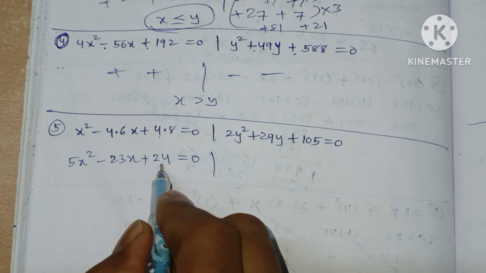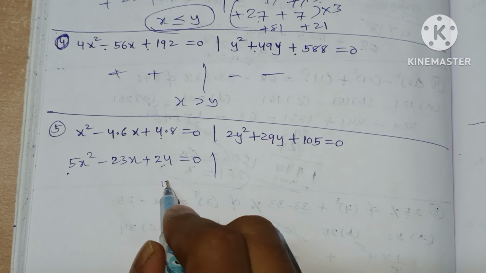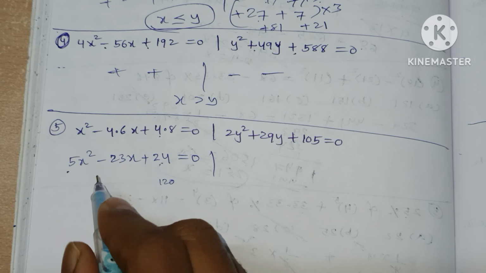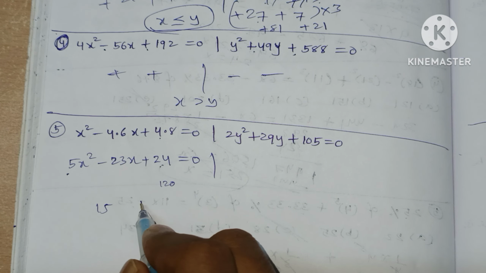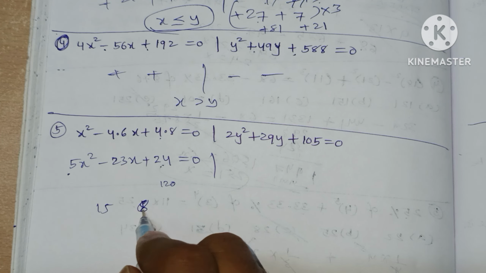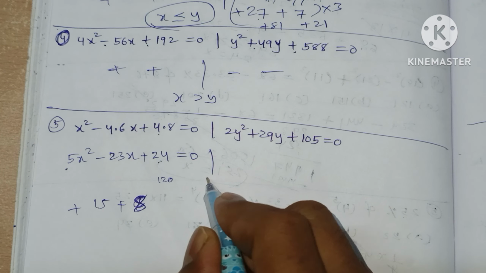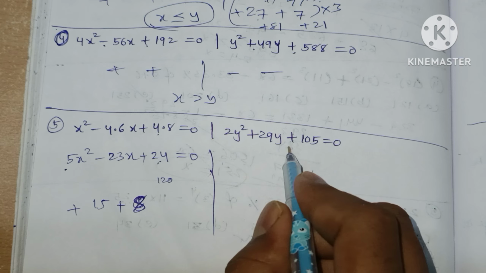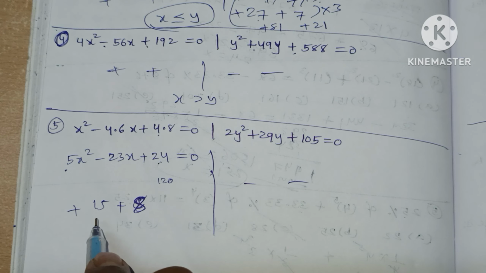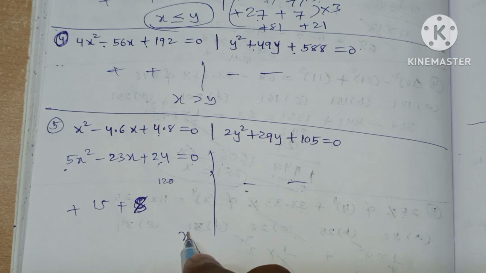Now this will be 120. 120 means 15. 8 times is 120, and the roots are positive. Here the roots are negative. These roots are positive, these roots are negative. X is greater than Y.